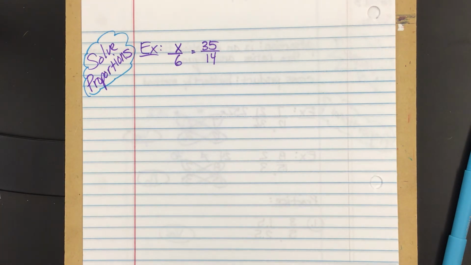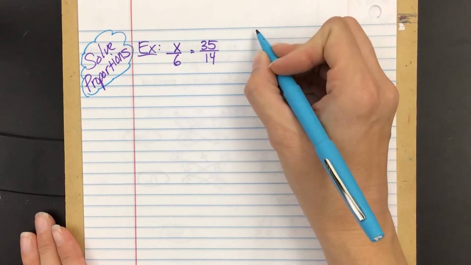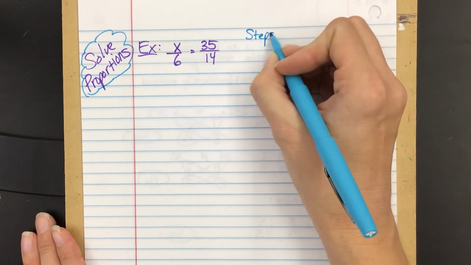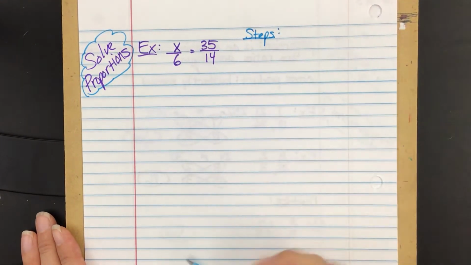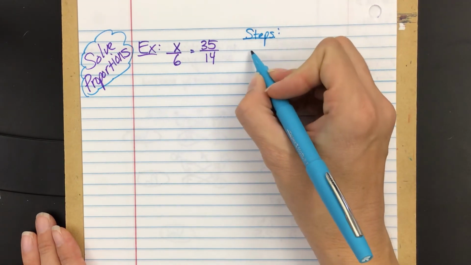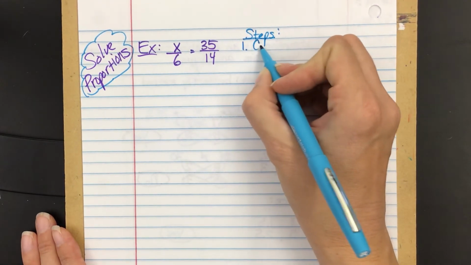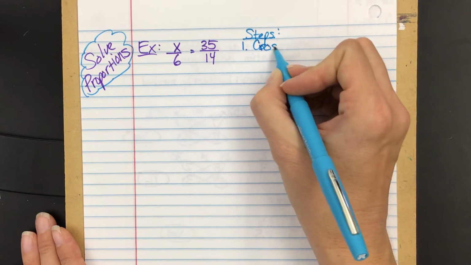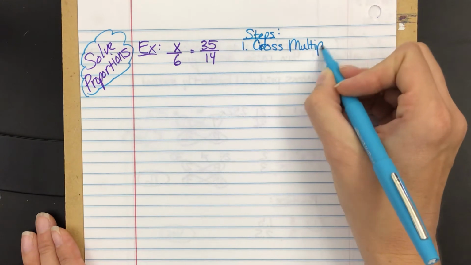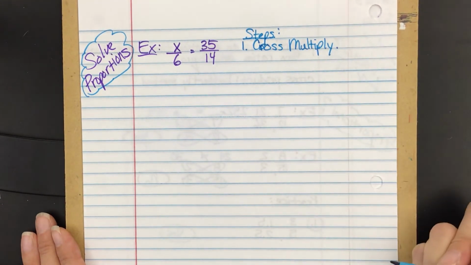Wait for it. And if you remember from last time here, or from last year when you learned this, we multiply diagonally, or that would be considered cross multiplying. So cross multiply.